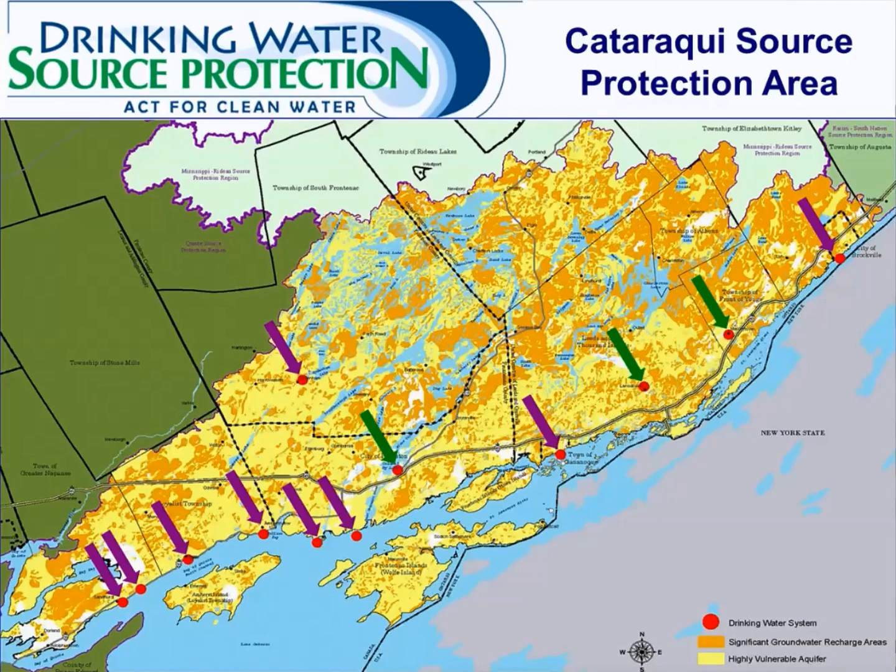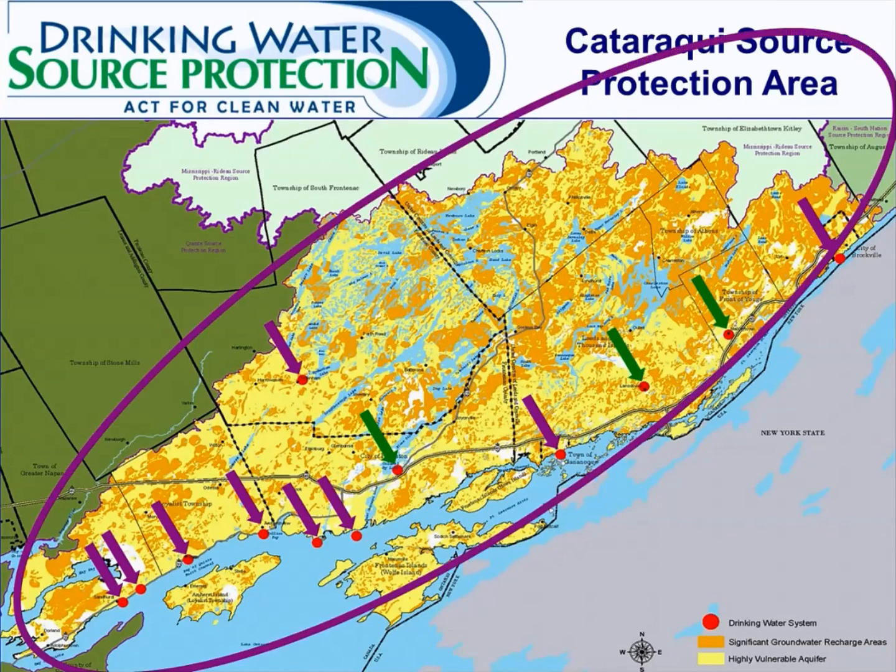You will notice that the majority of the Cataraqui Source Protection Area is yellow or orange. These are the regionally sensitive groundwater areas, known as highly vulnerable aquifers and significant groundwater recharge areas, which account for more than 90% of the entire Cataraqui Source Protection Area.